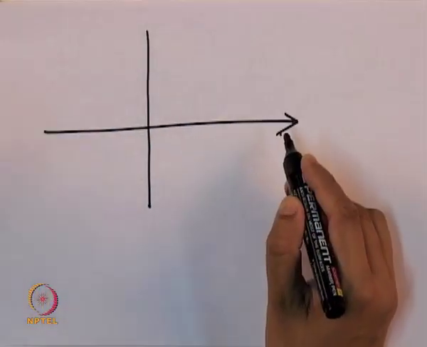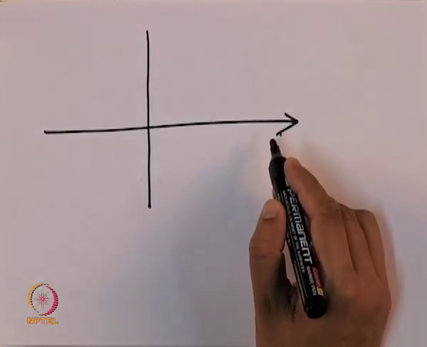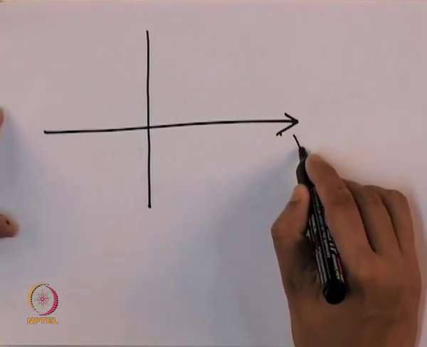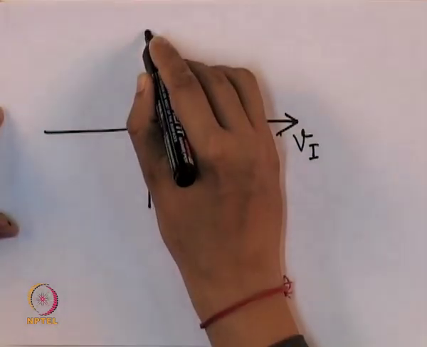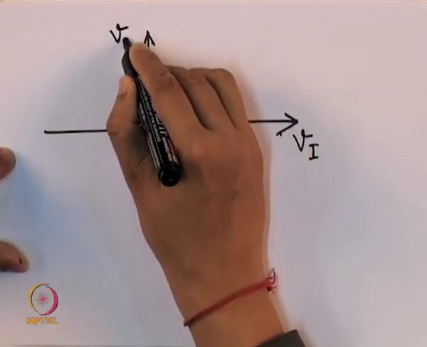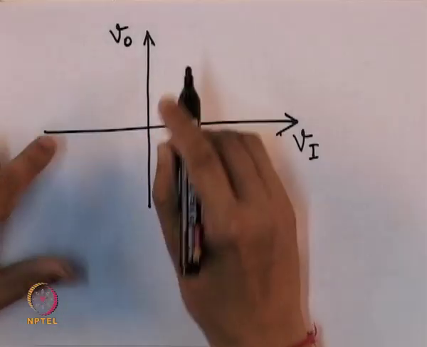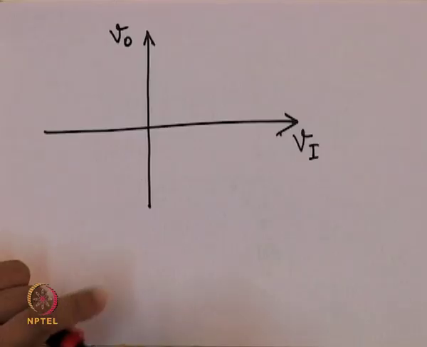Ideally, the input output relationship between input voltage and output voltage should be somewhat like this.